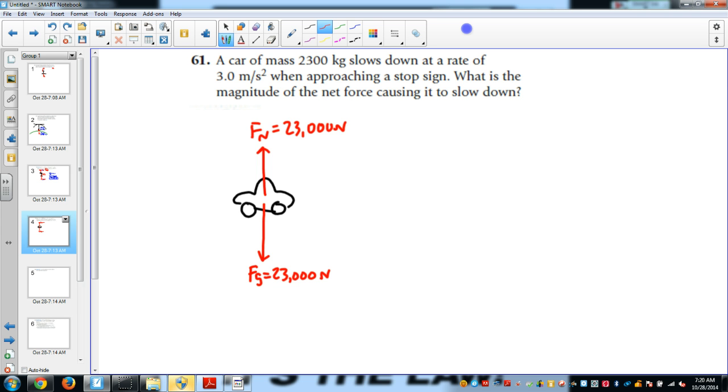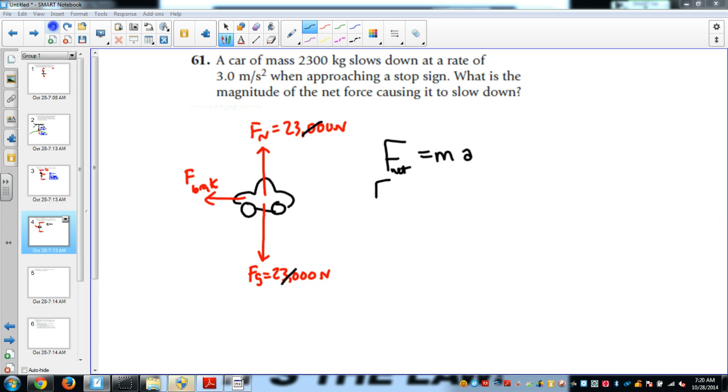And it's slowing down, so there's some braking force. Again, there is nothing pulling it forward. There is no engine force. That's a common misconception with this problem right here. So what we're going to do is use F equals ma. And again, it's always the net force because these guys are canceling.